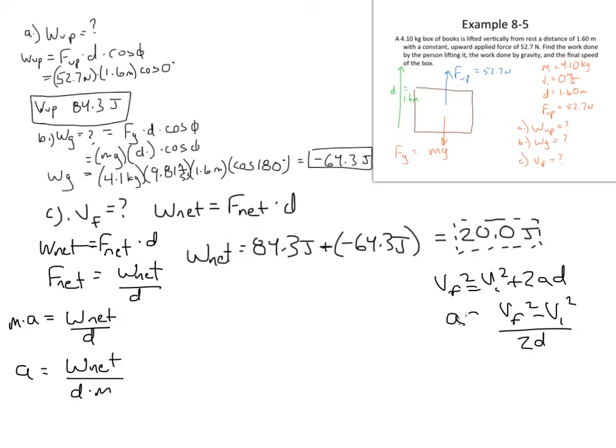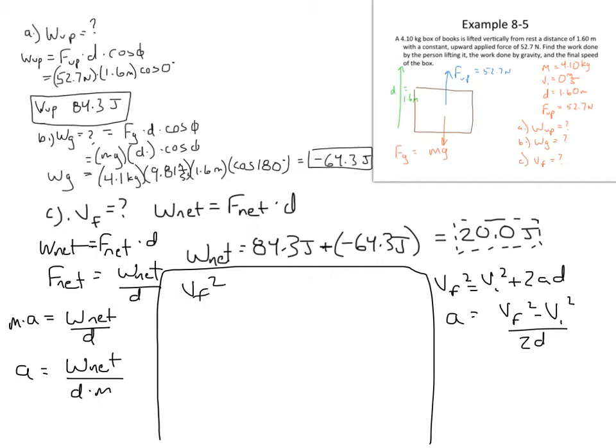All right, well, let's just put these two sides together. Let's set that equal to that, right? Because they're both in terms of acceleration. I'm going to draw a box around this because I keep running out of space. And we can say that final velocity squared minus v initial squared over 2 times our distance equals net work over distance times mass.